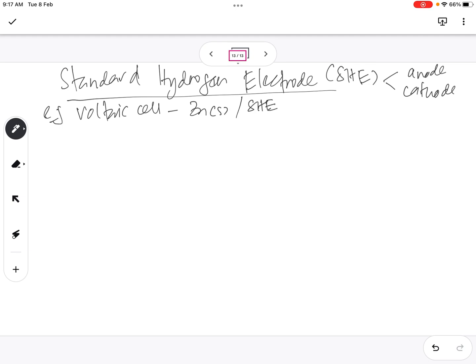So I set up the apparatus. Okay. You can look at the drawing for SHE. You must learn how to draw the SHE. Mesti belajar macam mana nak lukis. So katakan saya ambil contoh beaker pertama. Okay, and then beaker kedua. Beaker kedua ni saya jadikan SHE lah.